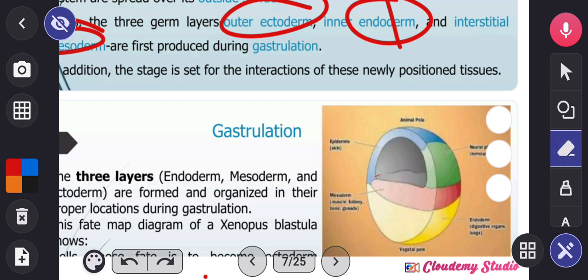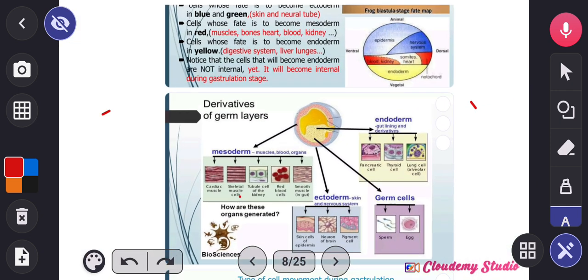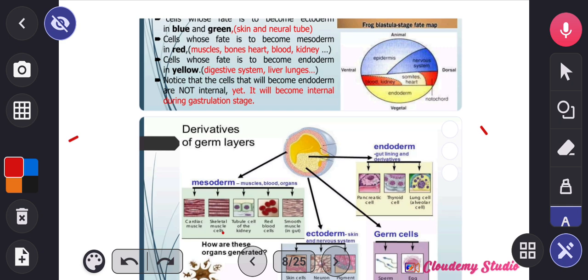And they have already indicated that the ectoderm is going to form the epidermal layer of the skin. The mesoderm is going to form the muscle, the kidney, bones, and gonads. The endoderm is going to form the digestive system and the lungs.